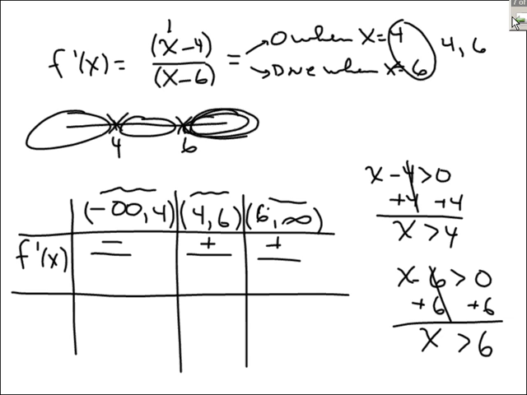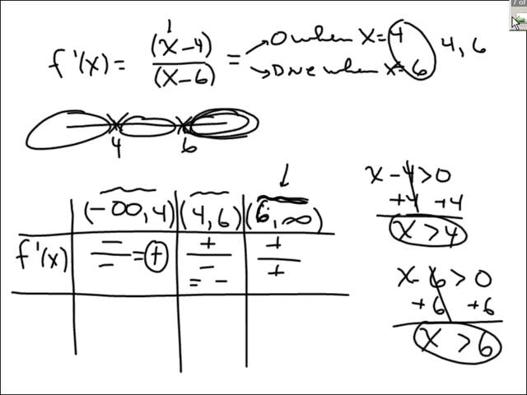If x is more than 4, well, sure, these numbers are more than 4. Now we have to be bigger than 6 for the denominator to be positive. This is the only interval that's bigger than 6. It starts at 6, so it's positive. The other intervals are negative. So negative over negative is positive, negative over positive is negative, and positive over positive is positive.